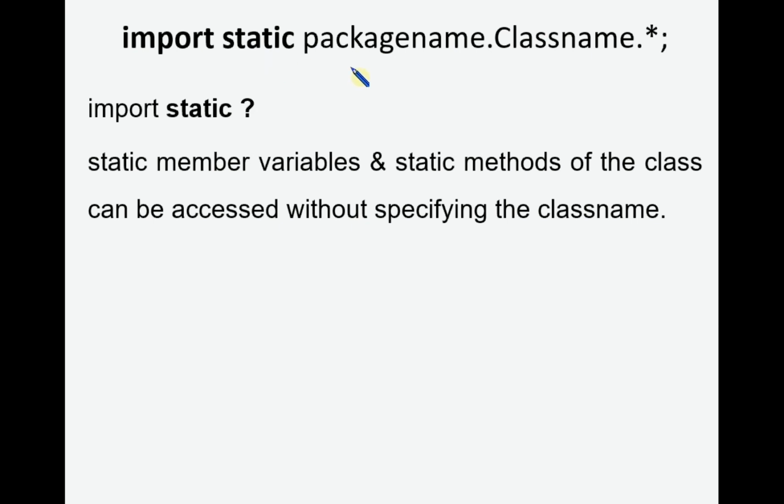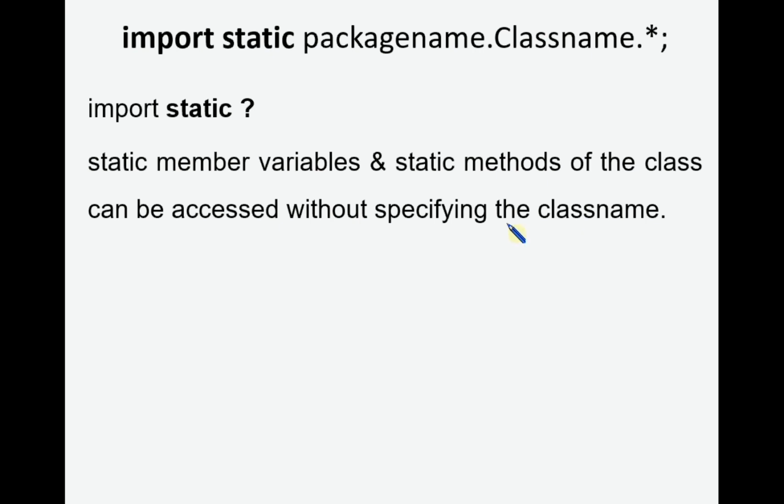So what about import static? To import a package, we can use import followed by package name dot class name dot star. If it is import static, then all the static members of the specified class will be imported. That means static member variables and static methods of the class can be accessed without specifying the class name.